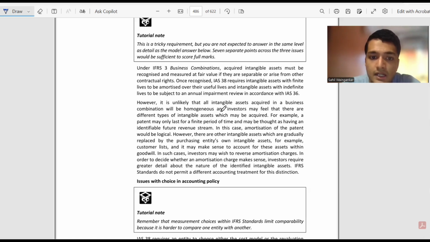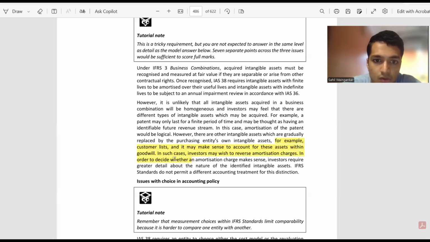Investors require greater detail about the nature of the identified intangible asset. IFRS standards do not permit different accounting treatment for this distinction. For example, customer list, and it may make sense to account for the assets within goodwill. तो ये देखो, इन्होंने काफी अच्छा एग्जांपल दिया हुआ है. कस्टमर लिस्ट, and it may make sense to account for these assets within goodwill.